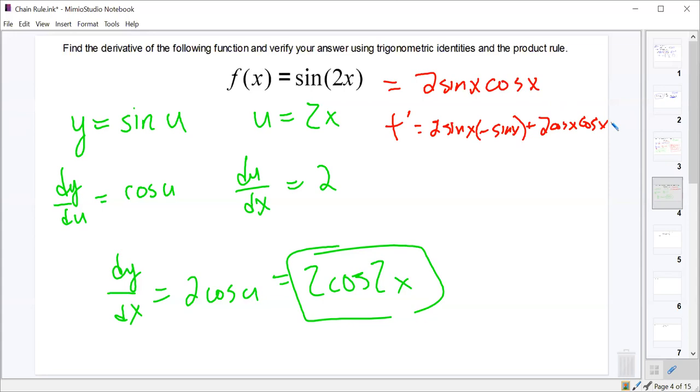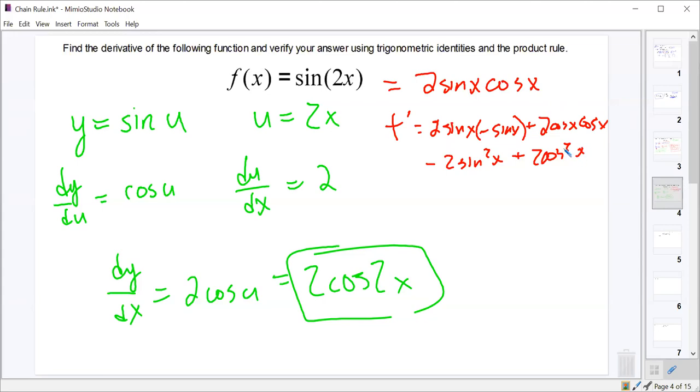Everybody good with that so far? Okay. So what does that first part become? 2 sine times negative sine should be negative 2 sine squared x. Yep. And the other should become plus 2 cosine squared x.